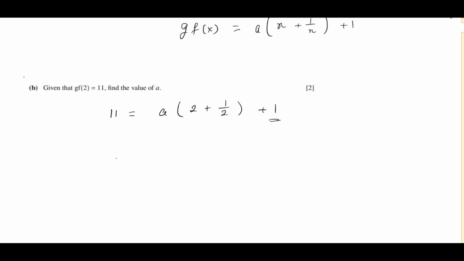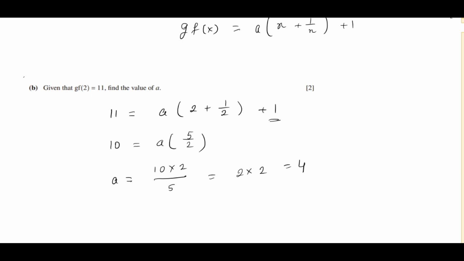First I move this 1 to this side, so 11 minus 1 becomes 10, equals a times. Now simplify this: 2 times 2 is 4, 4 plus 1 is 5, so it is 5 divided by 2. So a times 5 divided by 2 is 10. Therefore a is equal to 10 times 2 divided by 5. So 5 into 10, 2 times 2 is 4. Wonderful. Good. Okay.